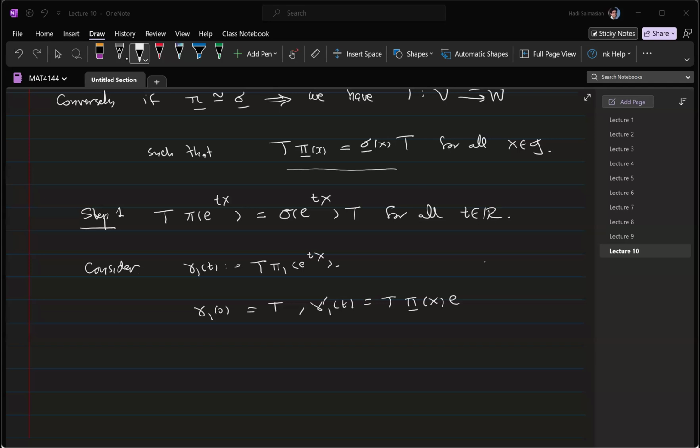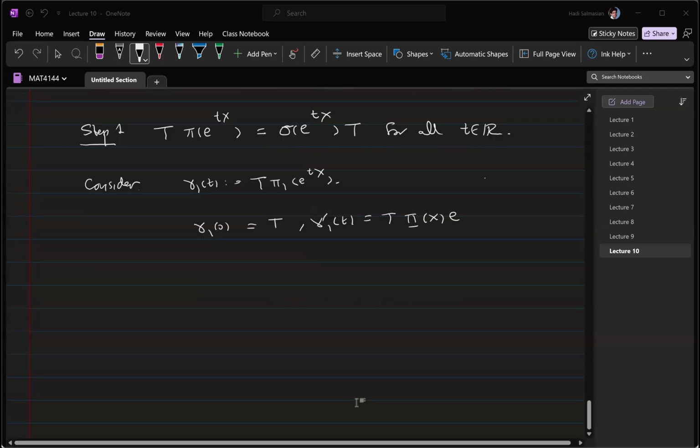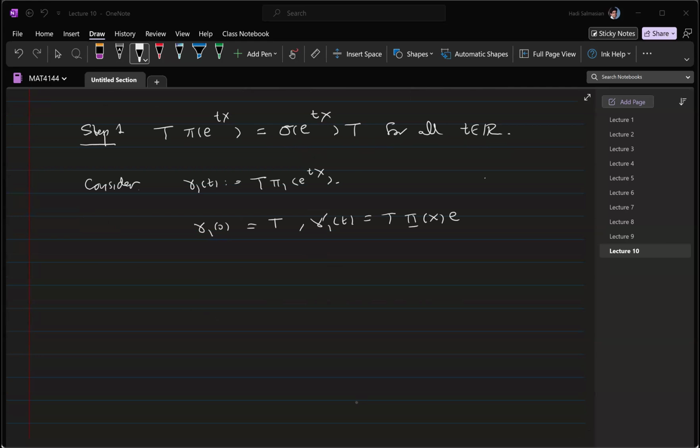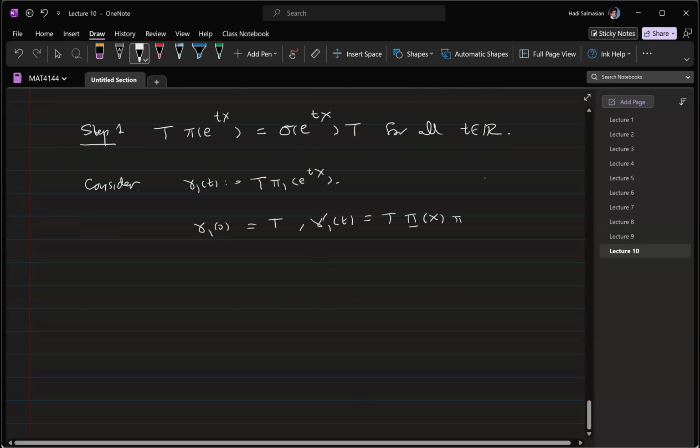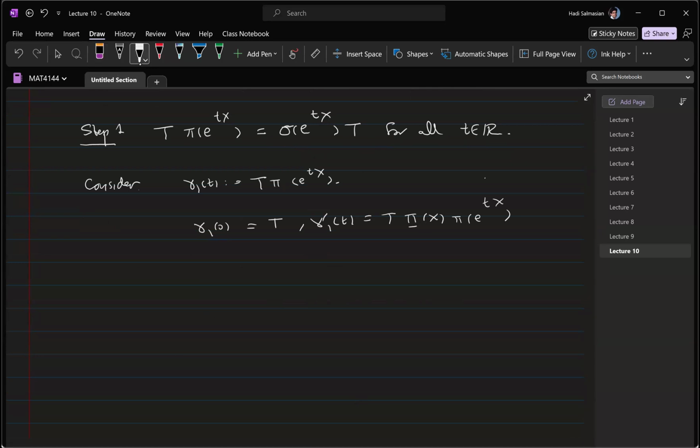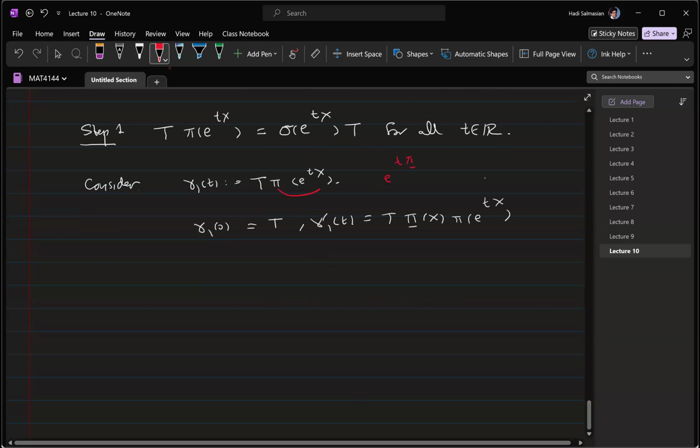All right, so now I guess we're back, hopefully. If I differentiate this, I get pi underline X times pi of e to the tX. I'm writing this as e to the t pi underline X, and I'm differentiating at general t.